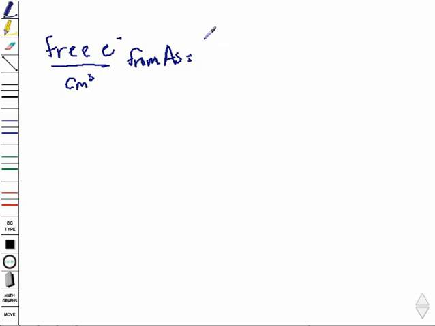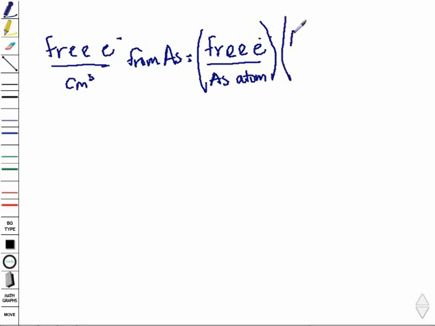We're going to do this by taking the free electrons per arsenic atom and we're going to multiply that by the number of arsenic atoms per silicon atoms.